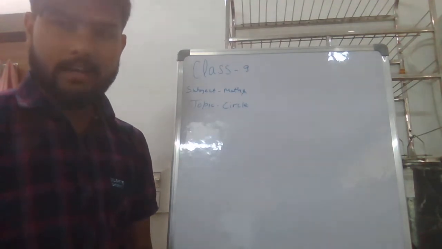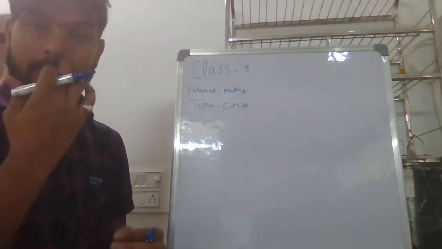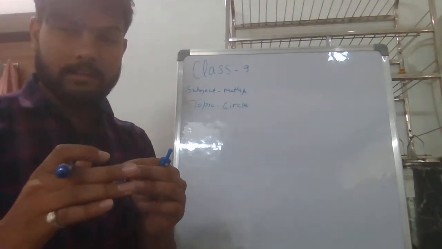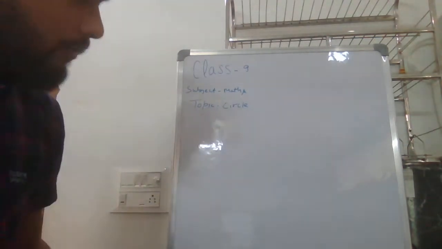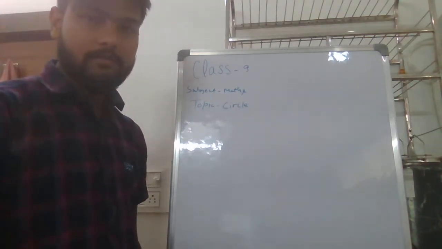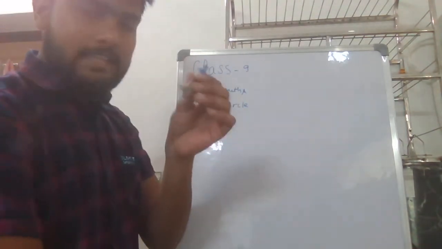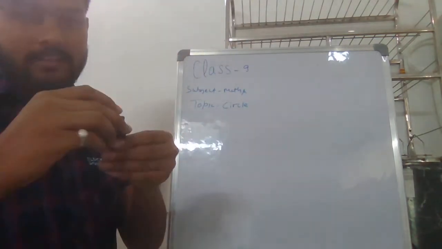We use a compass to make a circle. We need to take a pencil and construct a circle with the help of the compass. We need this compass and the pencil to draw a circle.